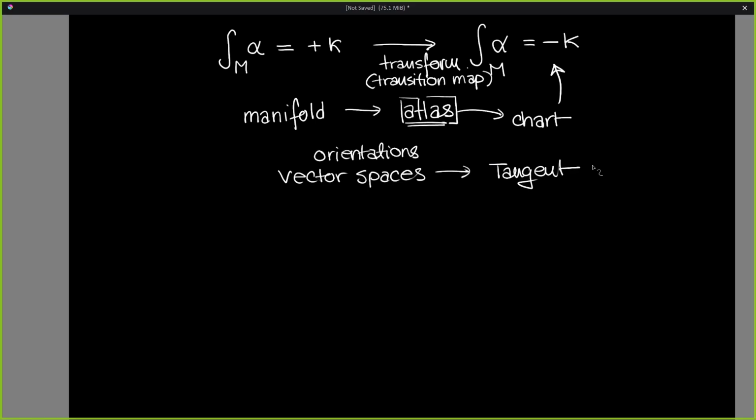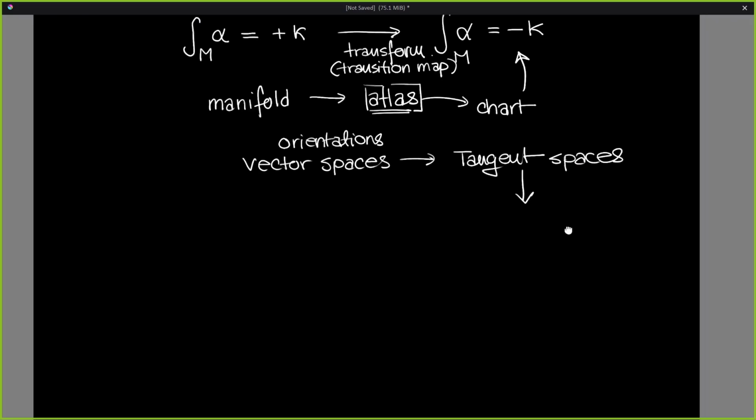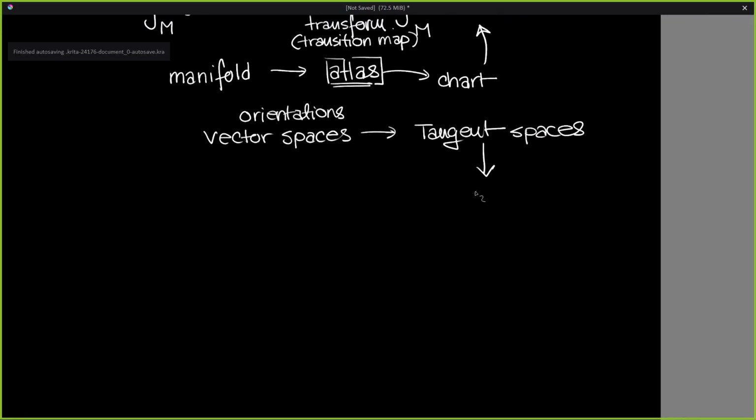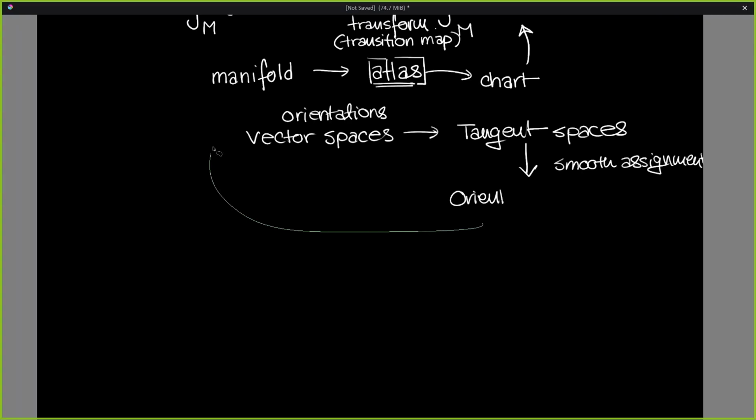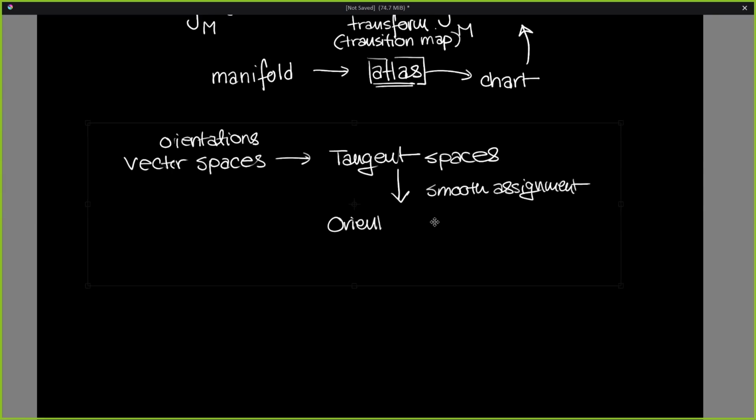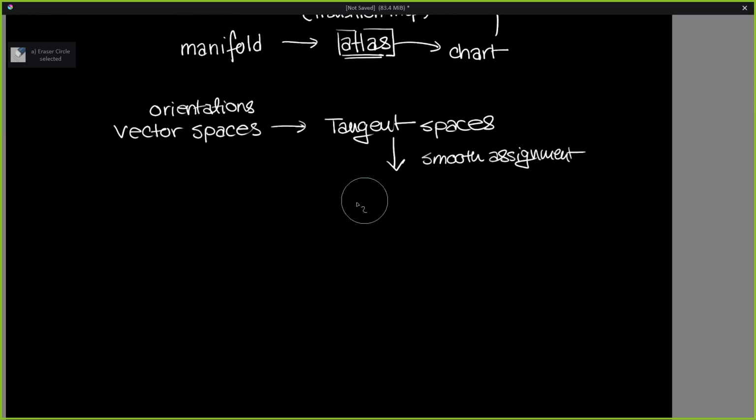And we're going to use a bottom-up approach here, where we're going to orient each of the tangent spaces and then attach them together in a smooth way, a smooth assignment, which will give us an orientation on a manifold. Sorry, this is getting a little messy. Let me take this to this side. Orientation on the manifold.